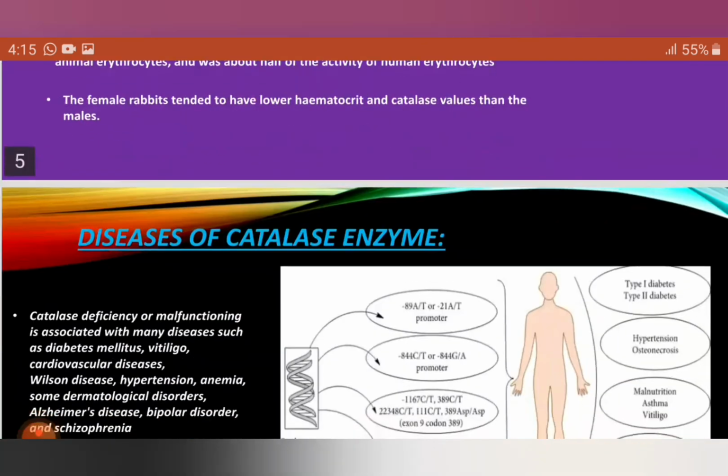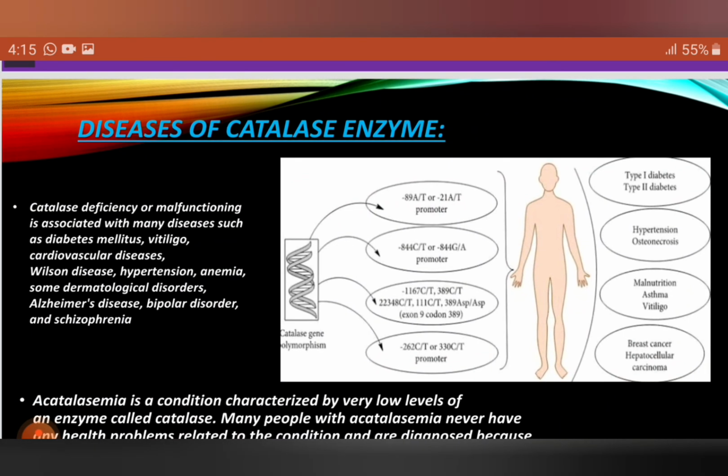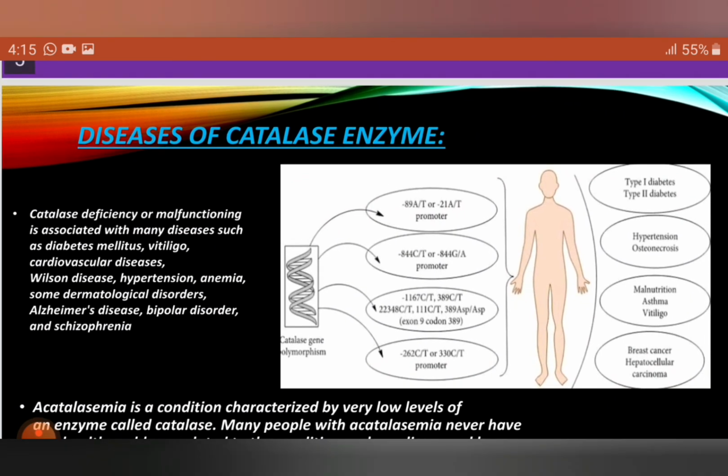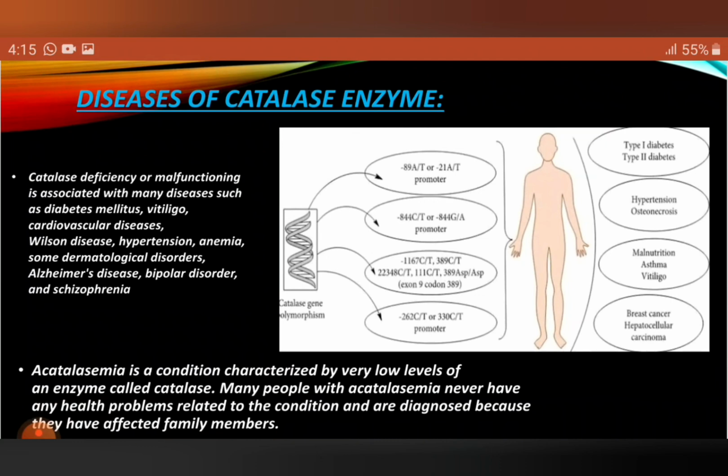Now, the disease related to catalase enzyme. As we know, catalase converts hydrogen peroxide, which is a toxic compound. So this enzyme's malfunction leads to lots of multiple diseases like cardiovascular diseases, diabetes, hypertension, osteonecrosis. And what is osteonecrosis?